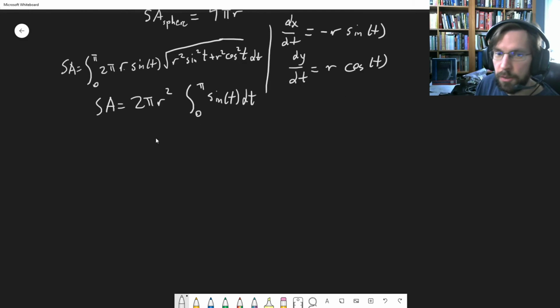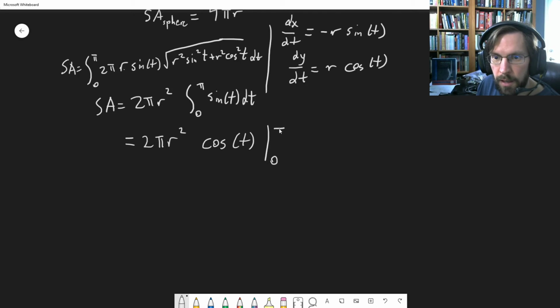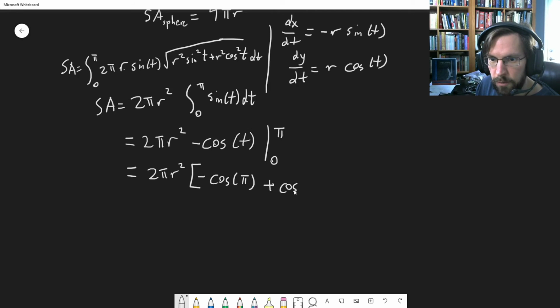Okay, basic antiderivative, we can use the fundamental theorem of calculus. So this is 2 pi r squared. Take the antiderivative, this should be negative cosine t evaluated at 0 and pi. So it should be 2 pi r squared times minus cosine pi plus cosine of 0.